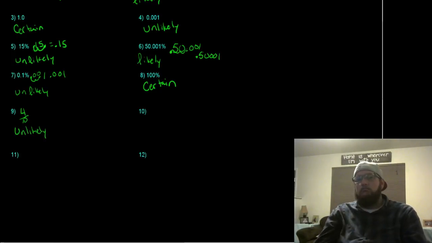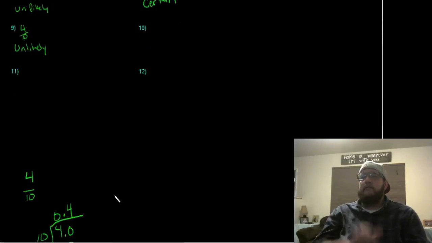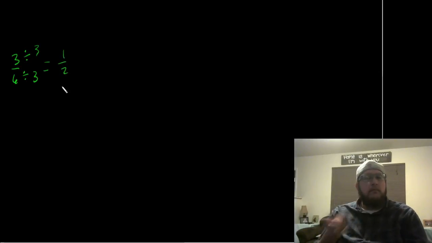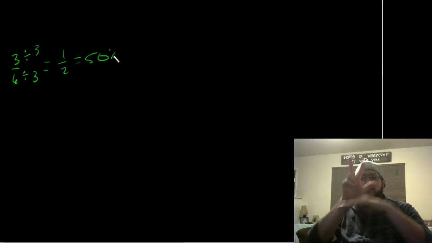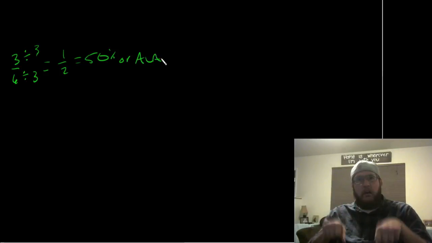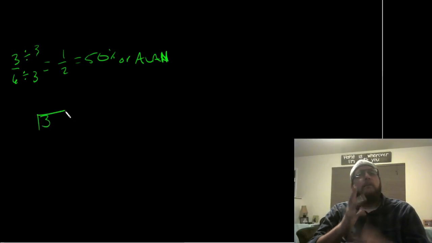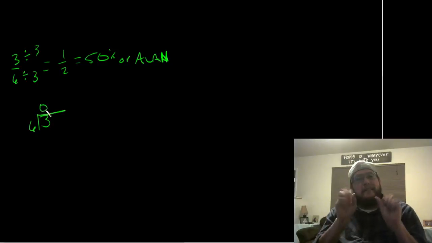The next one is 3/6. And again, we can either divide this, but some of you might have noticed that 3/6 is exactly 1/2. Because if you take 3/6 and you divide both of these by 3, you'll get 1/2, which we know is 50%, or as likely as not. But we can still divide this out. So 3 divided by 6. 6 does not go into 3.